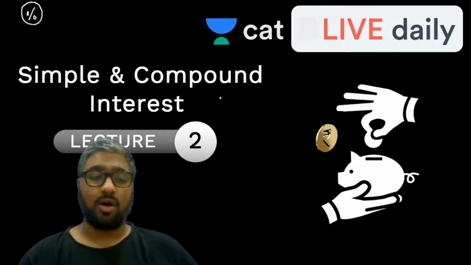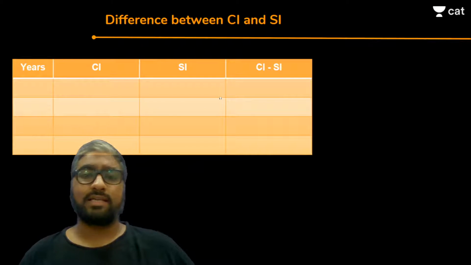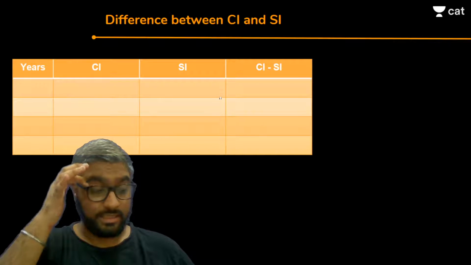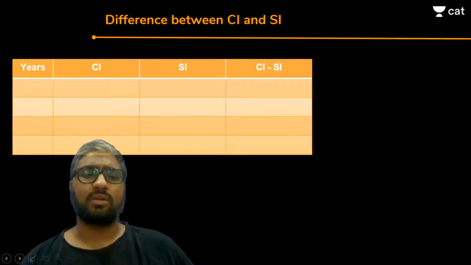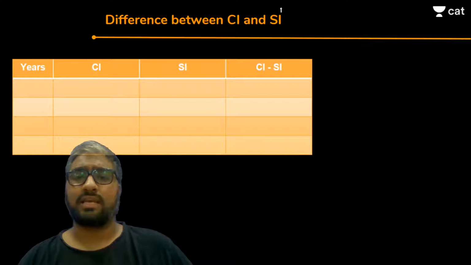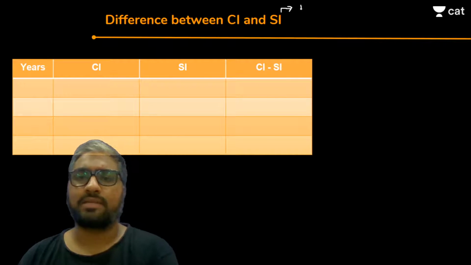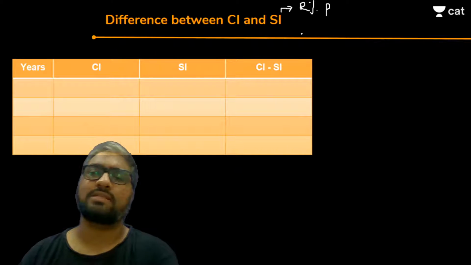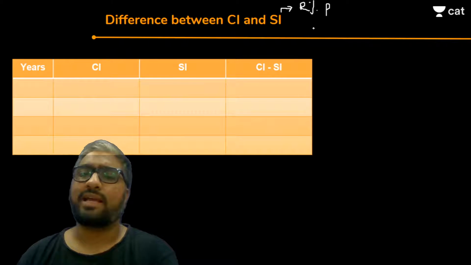Okay, so let's get on with it. What we are going to start with right now is the difference between compound interest and simple interest. By definition, we know that in simple interest the same amount, same R percentage of the principal, is applied every single year. Nothing changes here unless there is something clearly mentioned in the question.